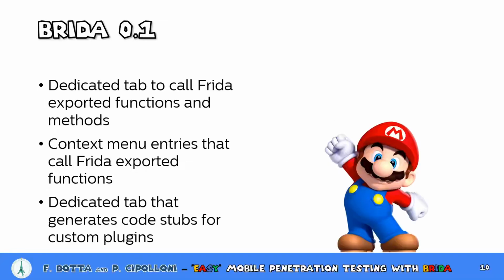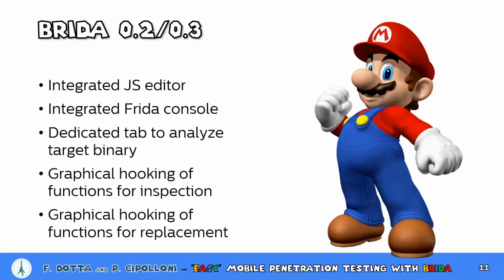The first version of Brida was simpler than the current version. It created this bridge and offered basic instruments to use it in order to create external plugins and to move this complex task onto the mobile device. Then, with versions 0.2 and 0.3, we added a lot of different tools.